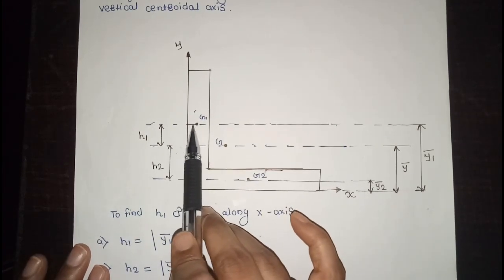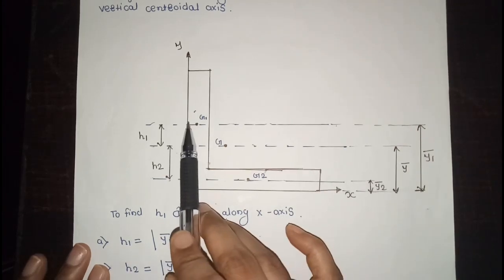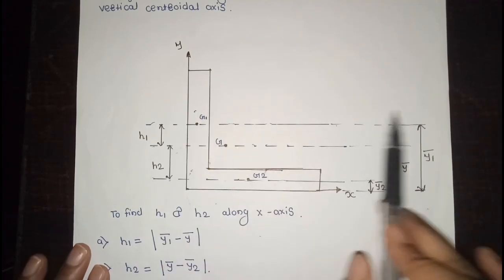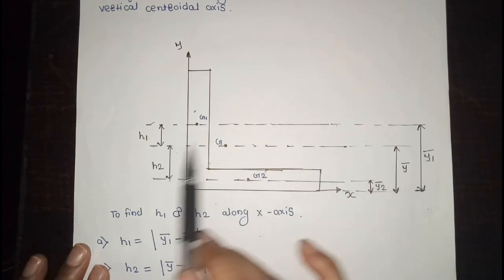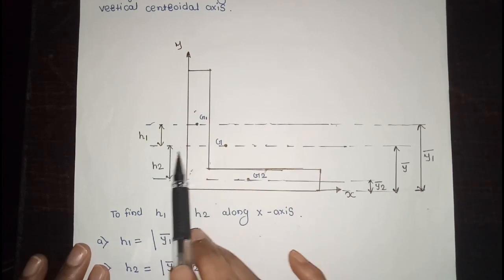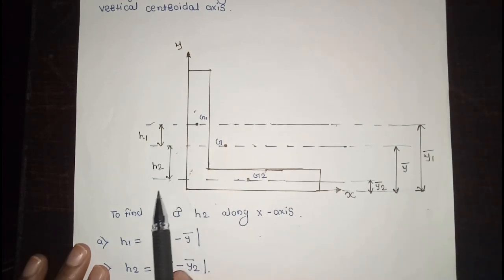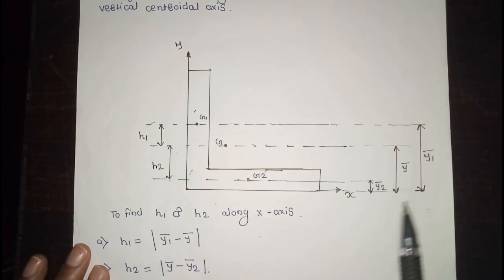Means for the first section, draw the horizontal line because we have to calculate moment of inertia about x-axis. So draw the x-axis, means x1 x1. Then for the main centroid of area, G point, draw the x line. Then G2, section number 2, draw the horizontal line.